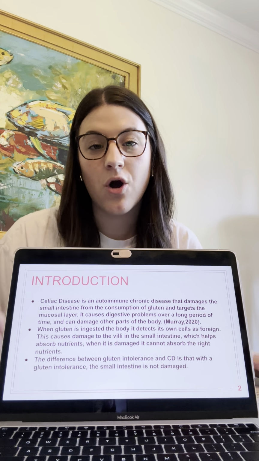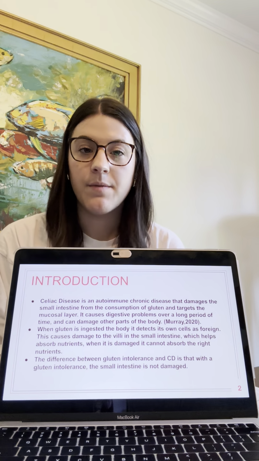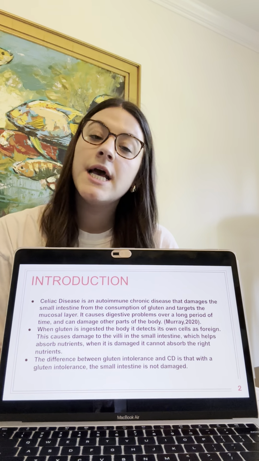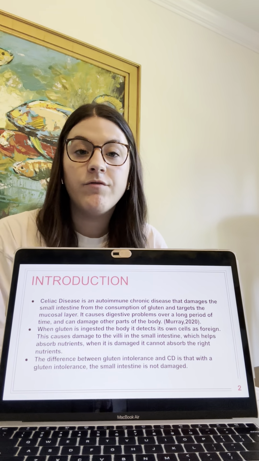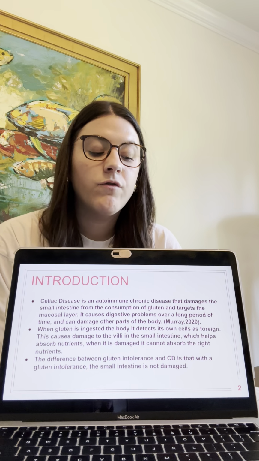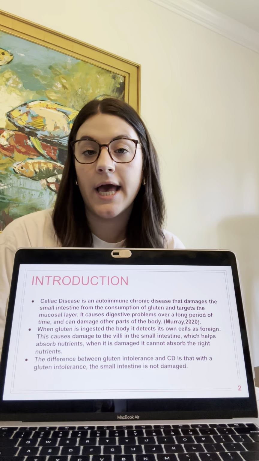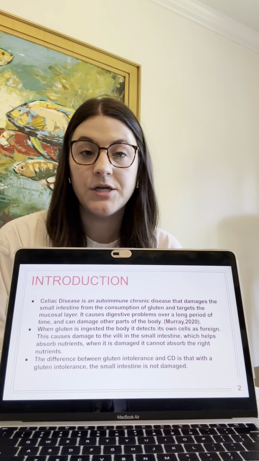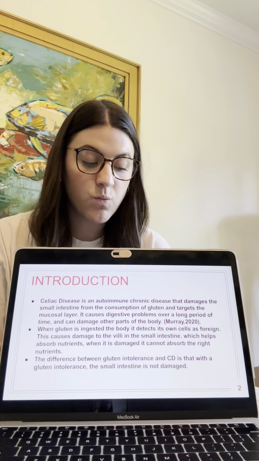Celiac disease is a chronic autoimmune disease that damages the small intestines from the consumption of gluten. It targets the villi of the mucosal layer, and over time, the damage can cause digestive problems, and it can further damage other parts of the digestive tract as well.